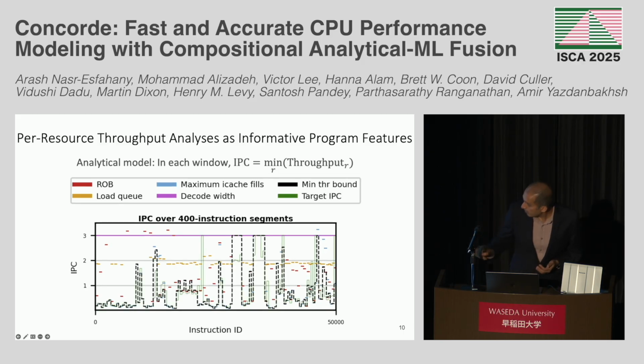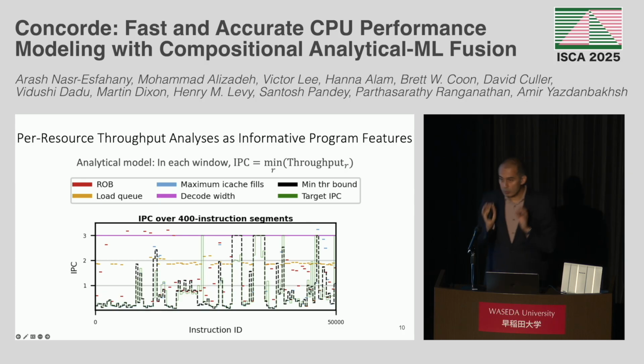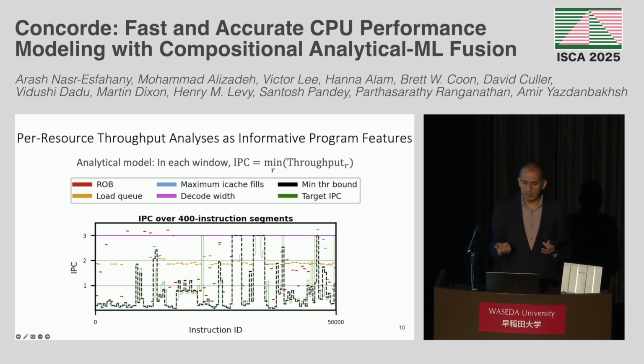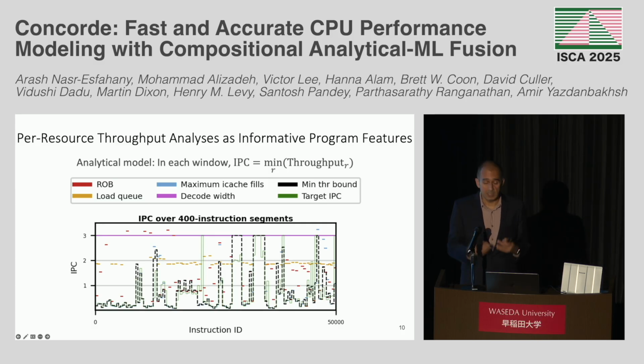The green line, sorry if it's not very visible, shows the ground truth IPC from the cycle-level simulator. And as you can see, the black throughput bound closely tracks the ground truth IPC trend. Even though it's not perfect, of course, it misses in some cases. And that is expected, right? Because our analytical model makes a lot of simplifying assumptions.